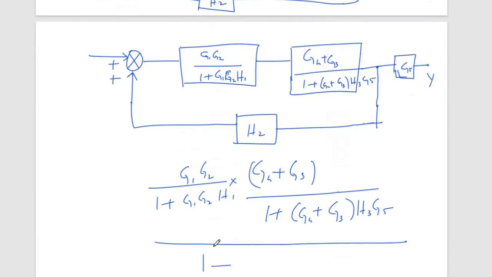1 minus, since it is positive, I put 1 minus this whole thing: G1 G2 by 1 plus G1 G2 H1 into G4 plus G3 by 1 plus G4 plus G3 into H3 G5, this into H2.